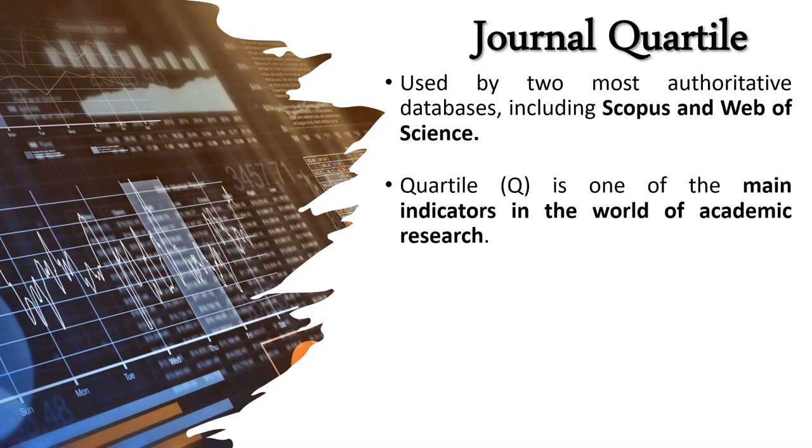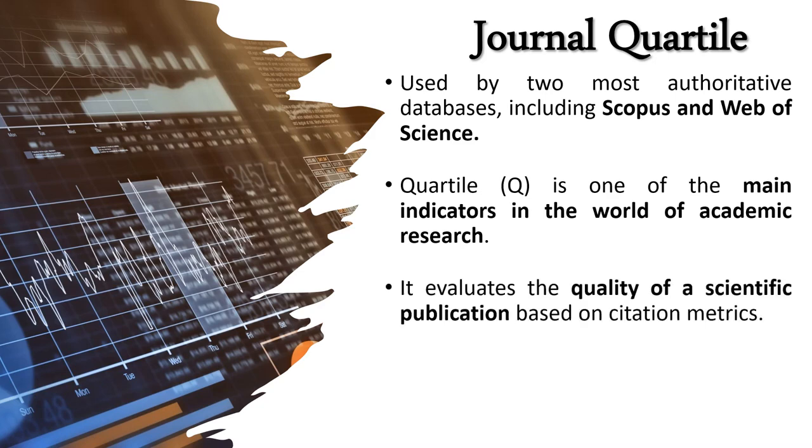Quartile is one of the main indicators in the world of academic research for journals. It evaluates the quality of scientific publications based on citation metrics, because in both Scopus and Web of Science, the quality of a journal is decided by citations.